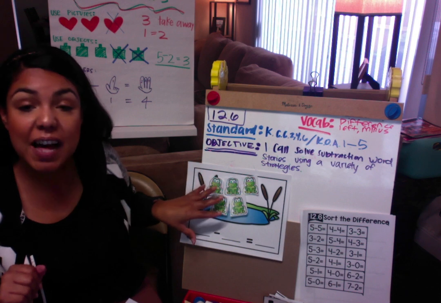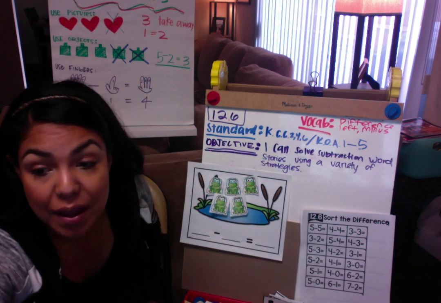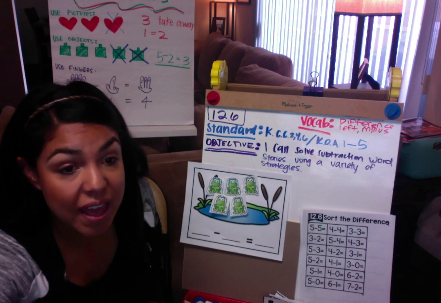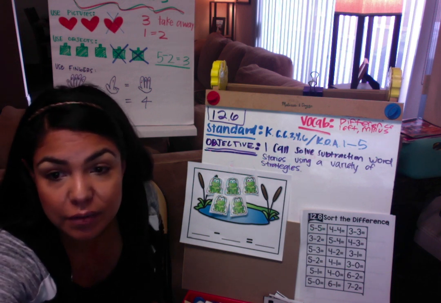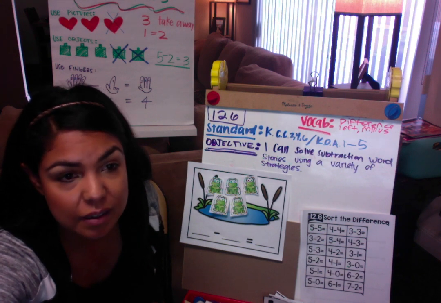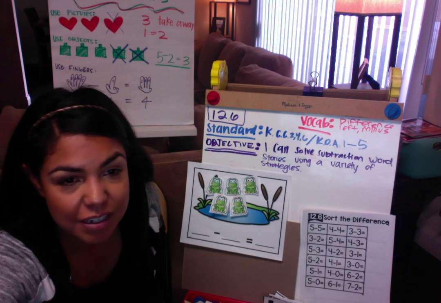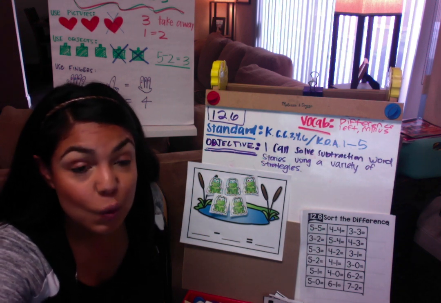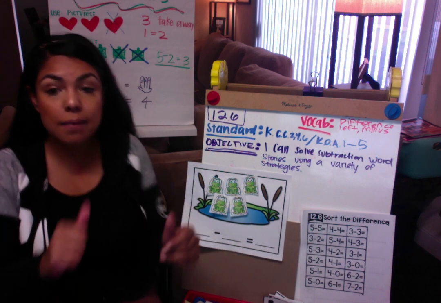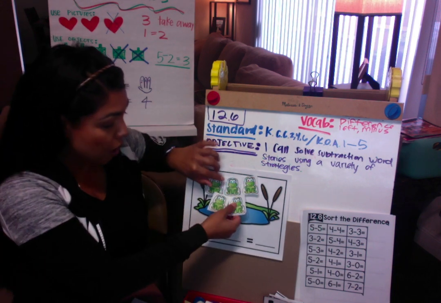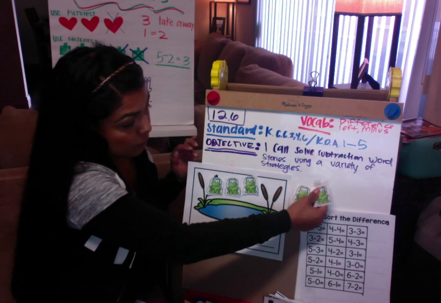So we have 5 frogs in the pond, okay? Now, what happens when of all my 5, everyone has 5? Let me wait. I still have frogs. Good. You have frogs, Kirsten? What happens if 4 frogs hop out? 4 frogs hop out of the lake or the pond. How many hop out? 4.